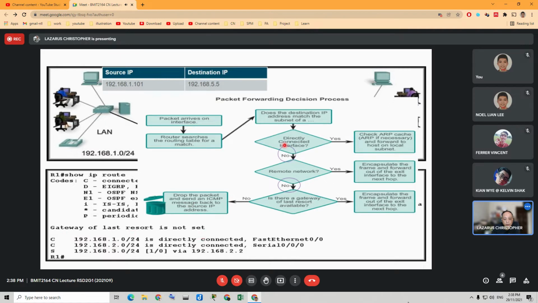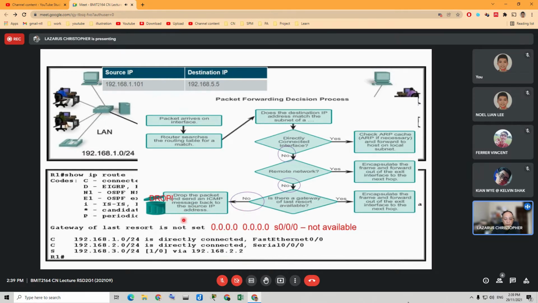After we check directly connected and remote, we have to check the gateway of last resort. Since it's not set, is there a gateway of last resort available? It's not set, so this no will trigger. So what happens? Drop the packet.